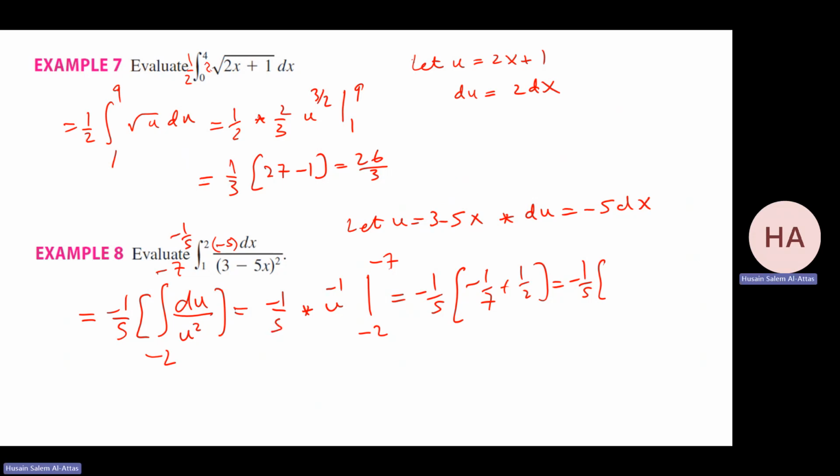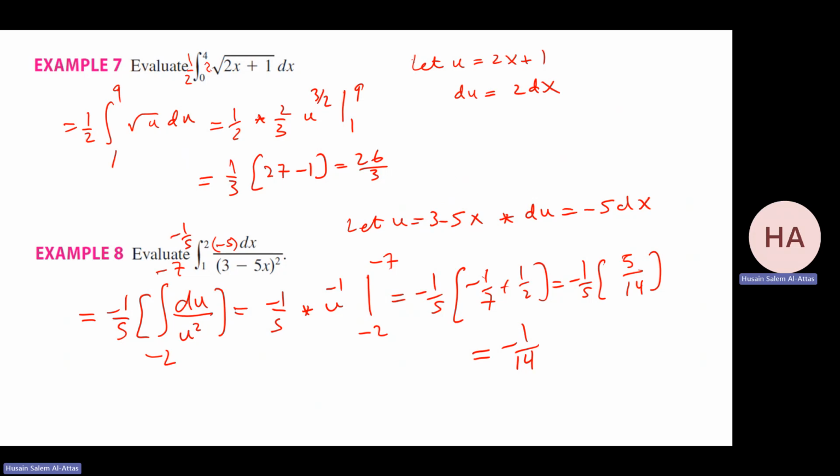Minus 1 over 5, that will be minus 1 over 7, minus half. Okay, so it's plus half. So I have minus 1 over 7. Half minus 1 over 7 is what? Will be minus 2 plus 7, that will be 5 over 14. So the answer is minus 1 over 14.